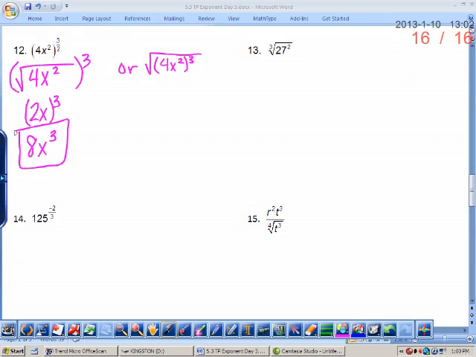All right, take a second and think about how we could approach number 13. Are you able to multiply these two? You have to distribute the 4 to the 3/2. Okay, ideas?